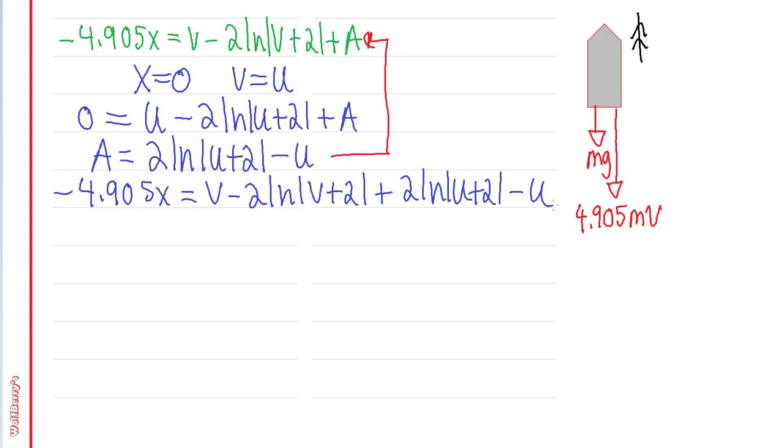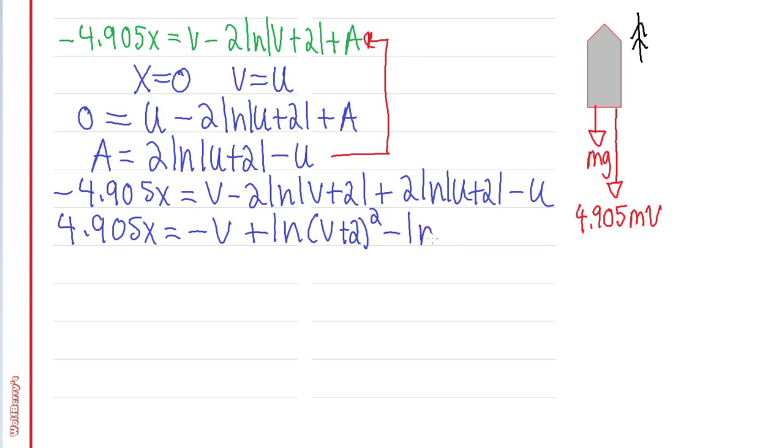Now, let's multiply everything by minus 1. At the same time, I'm going to take these numbers here to the power, using the power rule of logarithms. So we're going to have 4.905x, we've multiplied everything by minus 1, equals minus v plus, we've taken the 2 to the power, so it becomes ln (v plus 2) all squared, minus, again, take the 2 to the power, (u plus 2) all squared, plus u.